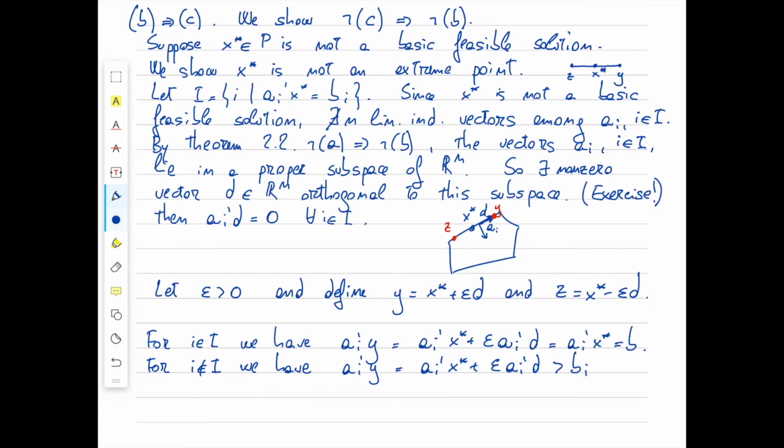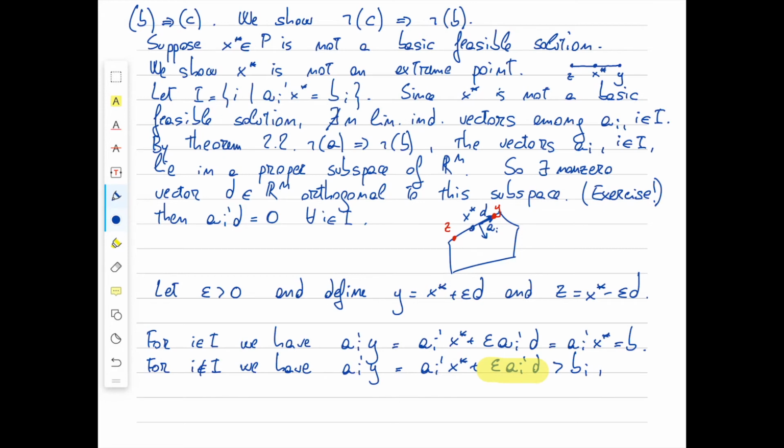Why is this the case? Because we know that A_i transpose x star is strictly larger than b_i, and so we can always make epsilon small enough so that epsilon A_i transpose d added to A_i transpose x star is still strictly larger than b_i.